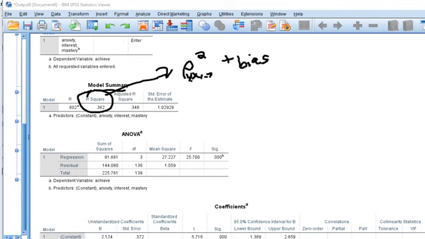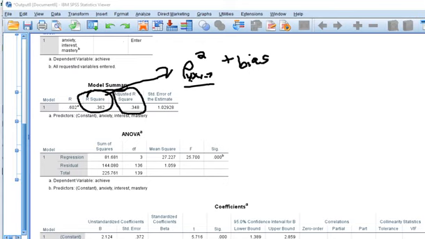And so the adjusted R square is essentially a computational solution to that problem. It adjusts the estimate of the R square value downward based on the number of predictors and your sample size.